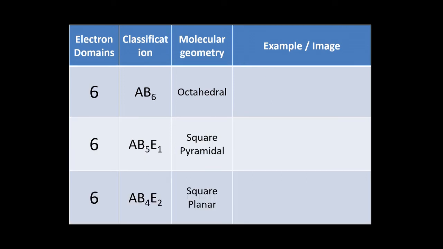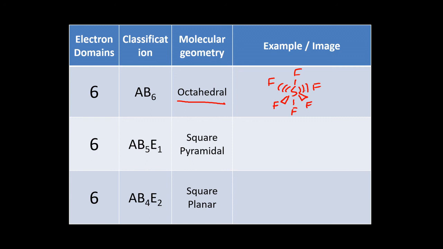So the last group here, if you have 6 things attached to your central atom, you have what's called an octahedral molecular shape. So sulfur hexafluoride is an example of this. And with octahedral shapes, everything is 180 degrees or 90 degrees away from everything else.